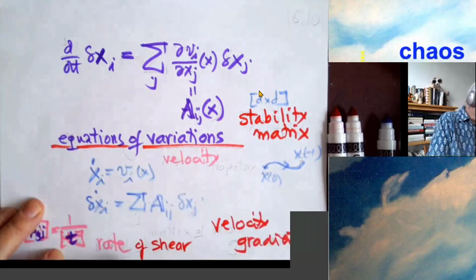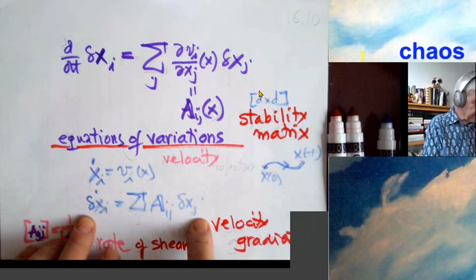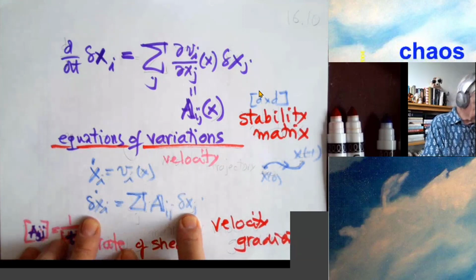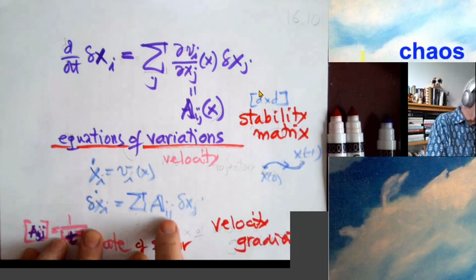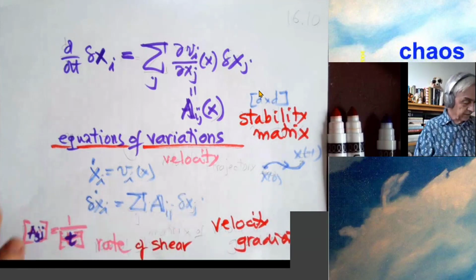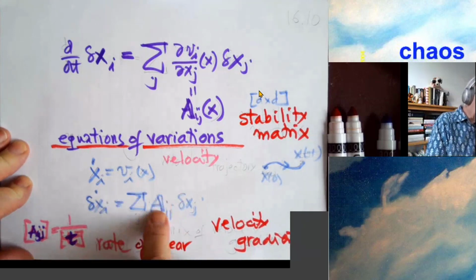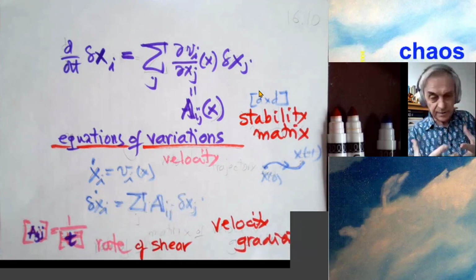And then, that thing, because it's linear approximation, satisfies differential equations, but it's not the simplest one because this varies along the trajectory. If this was a constant matrix, you could just write the exponential solution. So that's instantaneous local stability.